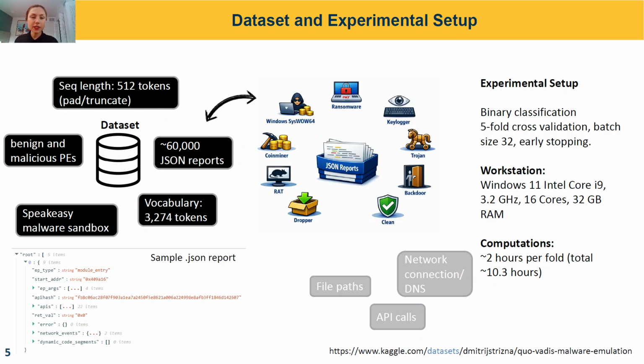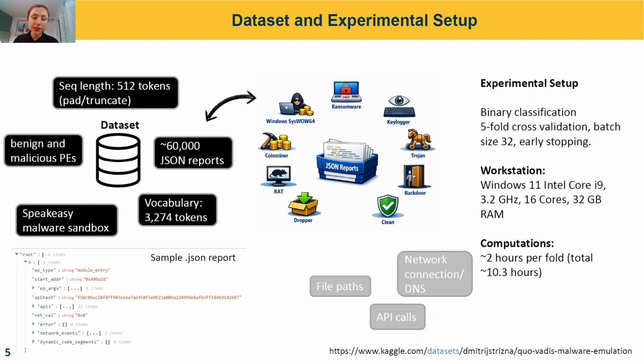Our dataset consists of about 60,000 JSON reports generated by the Speakeasy sandbox. Each report includes mostly API calls, but also file paths and network activity. These features are truncated and padded to a uniform length of 512 tokens with a vocabulary of 3,274 unique tokens.